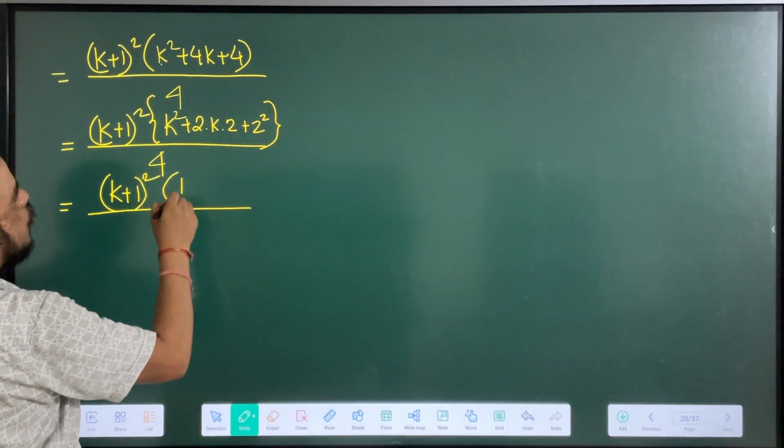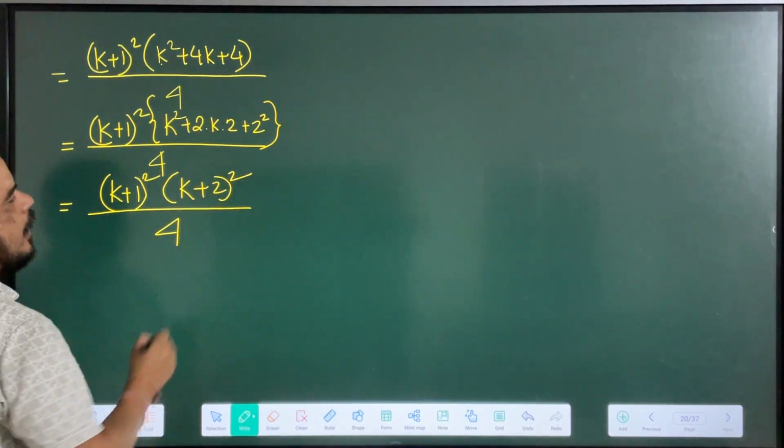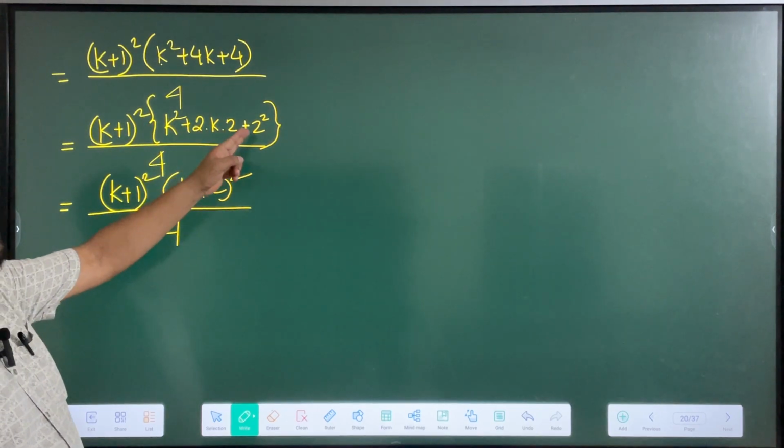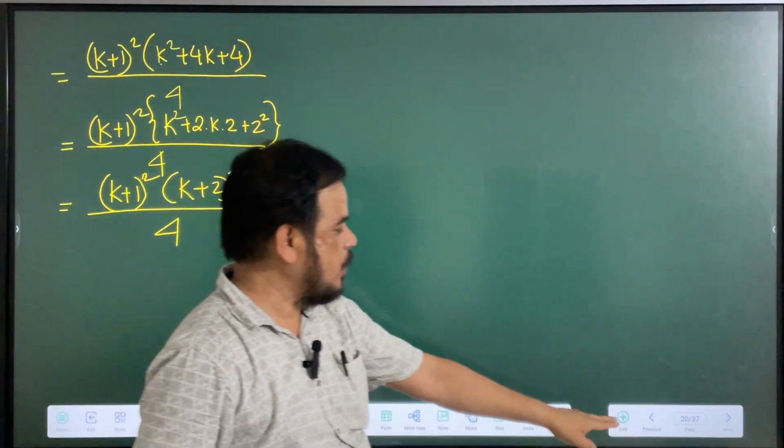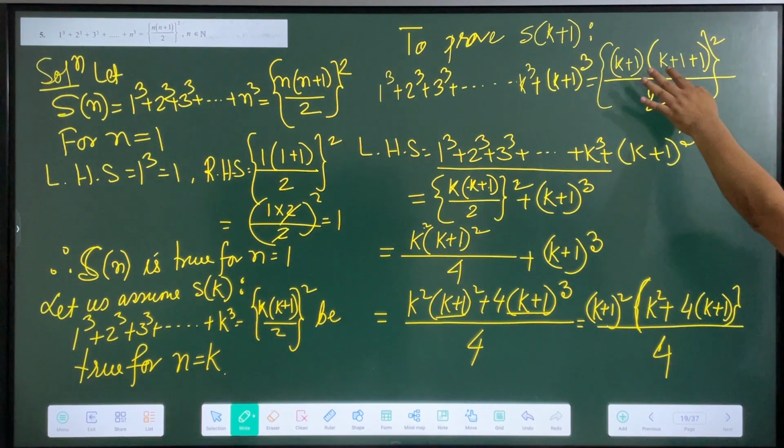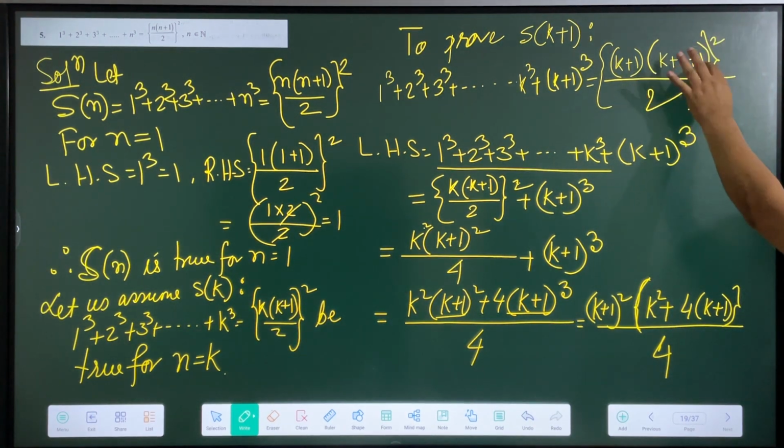This one, (k plus 2) whole square, we can write as a square plus 2ab plus b square. This is similar. What is there in the right hand side? (k plus 1) whole square, that means (k plus 2) whole square.